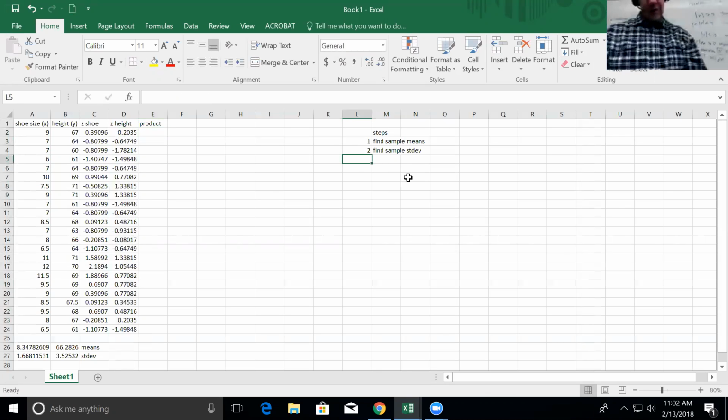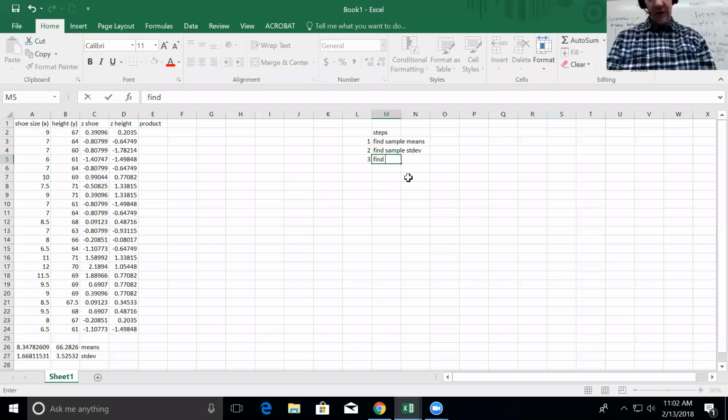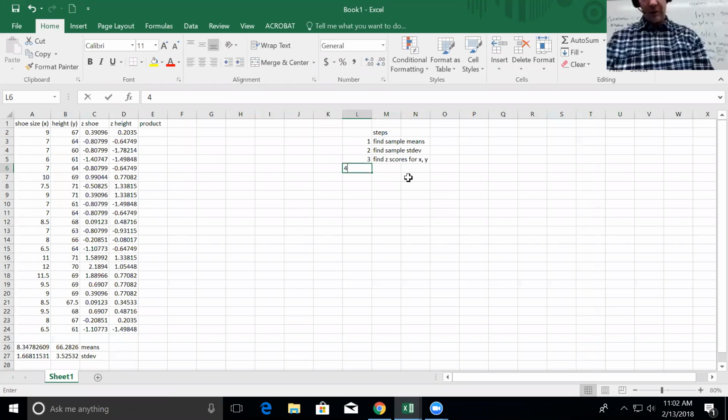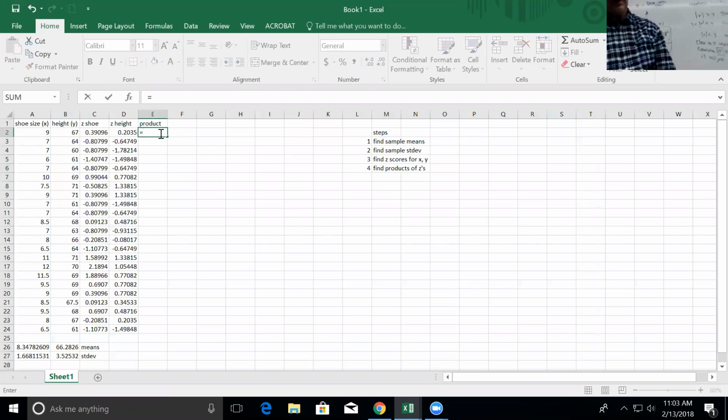Okay, so step 3 was find the z-scores for X and Y. Number 4 is find the products of the z's, okay? Your product is going to be this times that, okay?